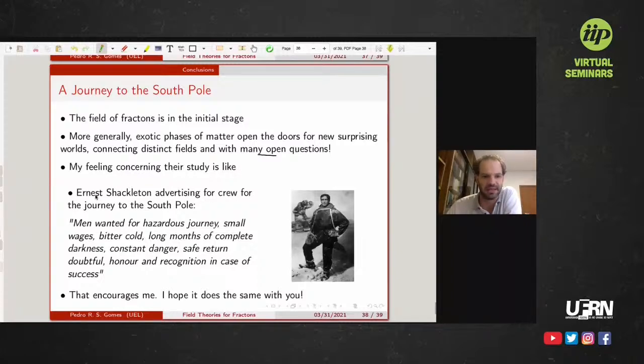This is the Ernest Shackleton advertisement for a crew for the journey to the South Pole: men wanted for hazardous journey, small wages, bitter cold, long months of complete darkness, constant danger, safe return doubtful, honor and recognition in case of success. So that encourages me, and I hope it does the same with you. All right, so thank you.